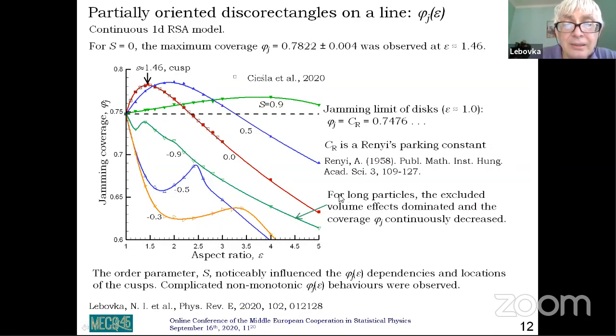For large particles, this decrease can be explained by the excluded volume effects. They dominate here. And this increase can be explained by some effects related to the changes of degrees of freedom for elongated particles. For particles oriented along the axis, we always observe the cusp.